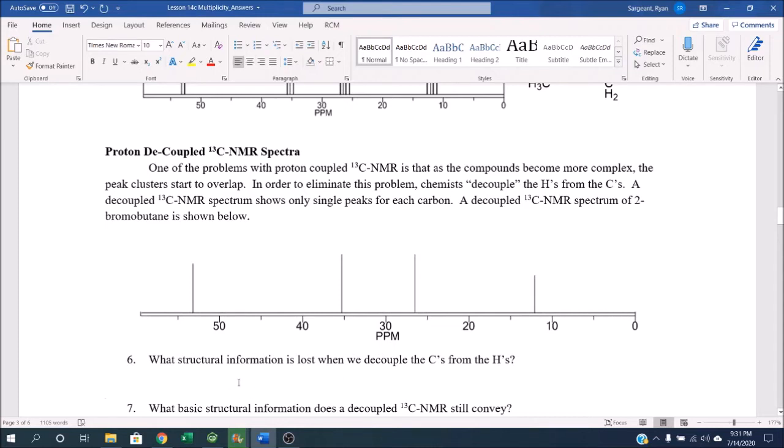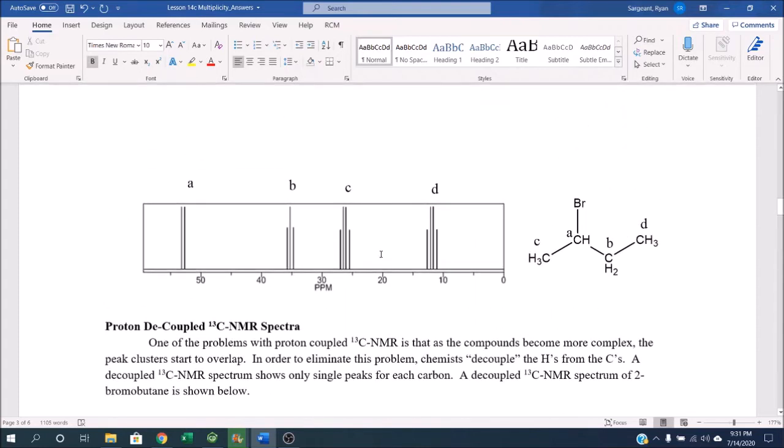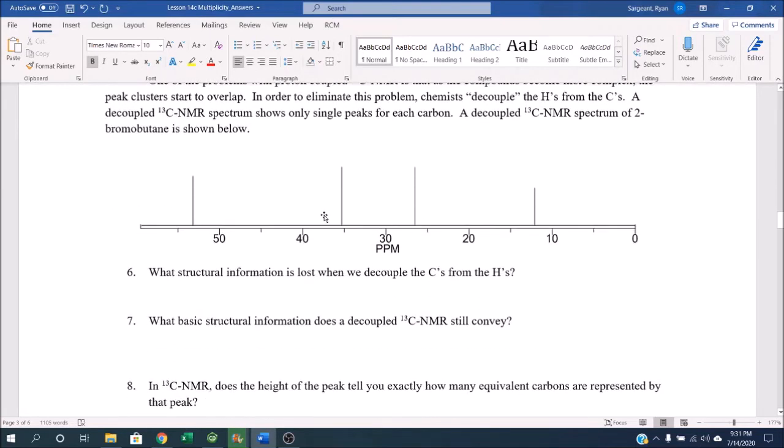So what structural information is lost when we move from this spectrum to this spectrum right here, the decoupled spectrum, is we no longer know how many hydrogens are connected to each carbon. And that's essentially the cost of collecting real data. In a laboratory, trying to run a coupled C-13 NMR spectrum is just a mess.